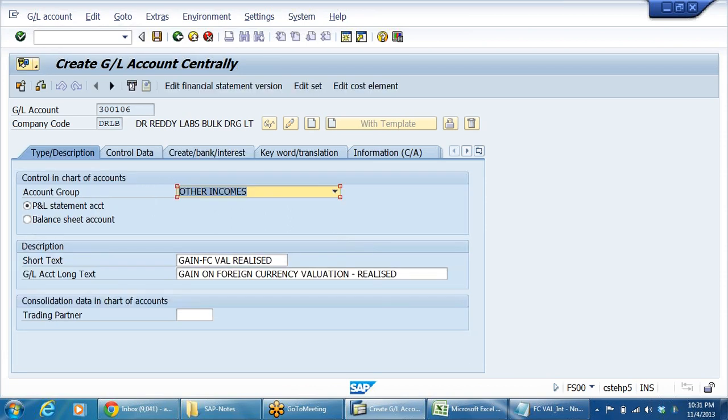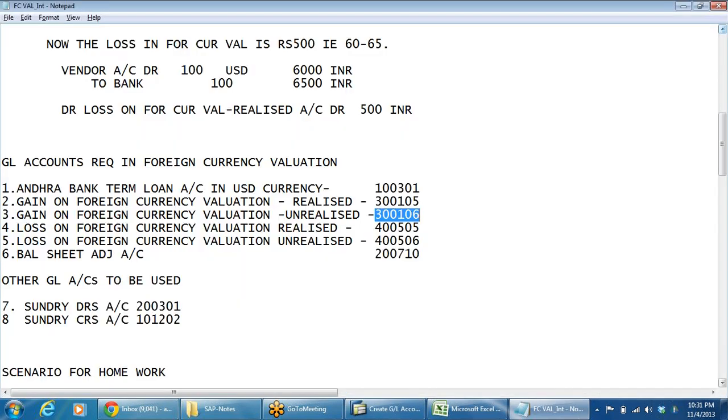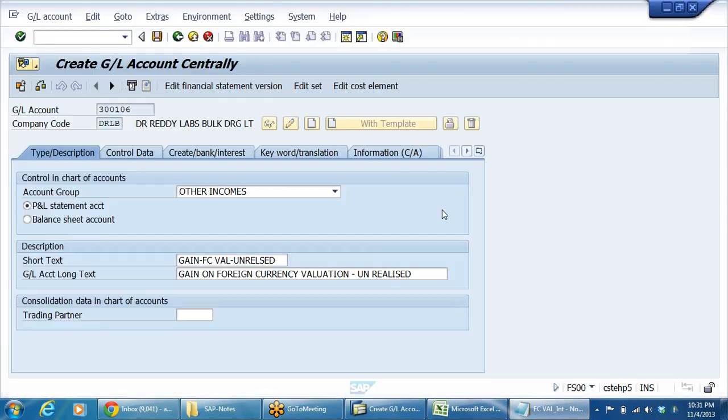So gain on foreign currency valuation unrealized. Everything is the same.